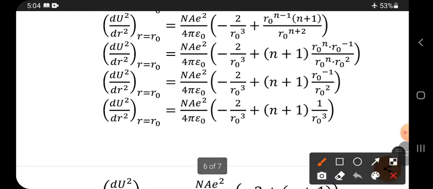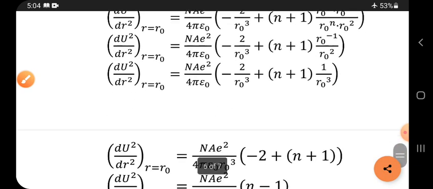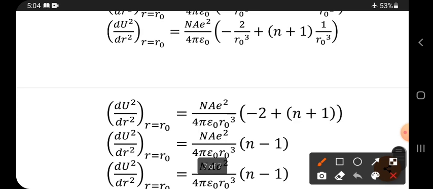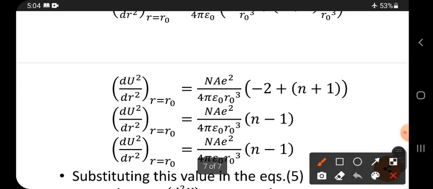Now r naught cube we can take common outside, 1 by r naught cube. Here you don't have any r naught cube, but here r naught cube is taken, so minus 2 plus n plus 1, that is, plus 1 minus 2 becomes minus 1, so n minus 1.